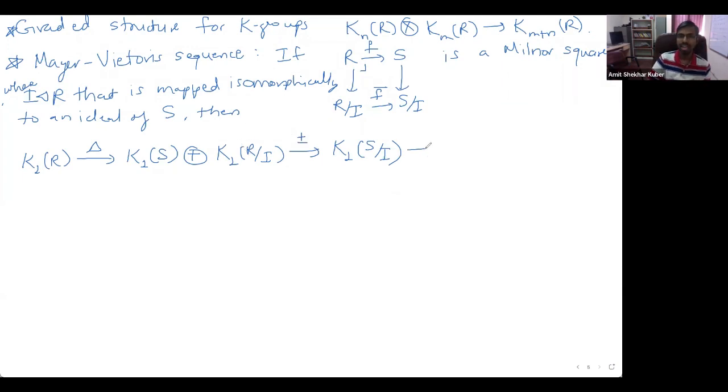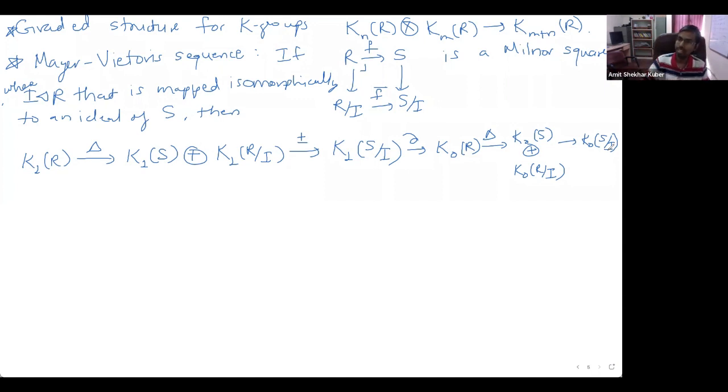Then the same thing: K0 of R, this is always a connecting map, then K0 of R to K0 of S direct sum K0 of R mod I, again the diagonal map, to K0 of S mod I. So there is another long exact sequence which can be extended on either side. So this is the Mayer-Vietoris sequence.